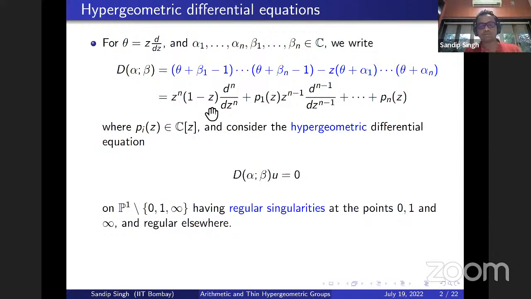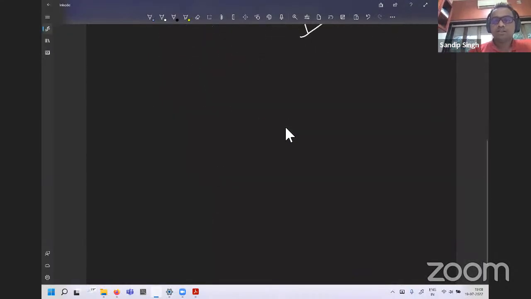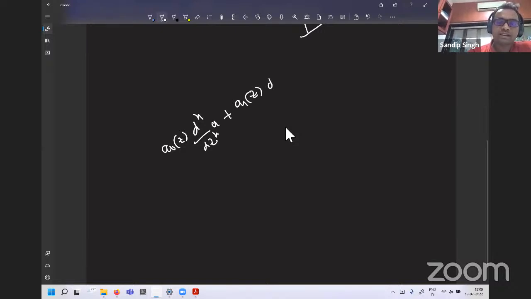It means, if we expand that differential equation, it is of the type a naught z d^n/dz^n u plus a1 z d^(n-1)/dz^(n-1) u plus ... plus a_n z u is equal to 0, right?